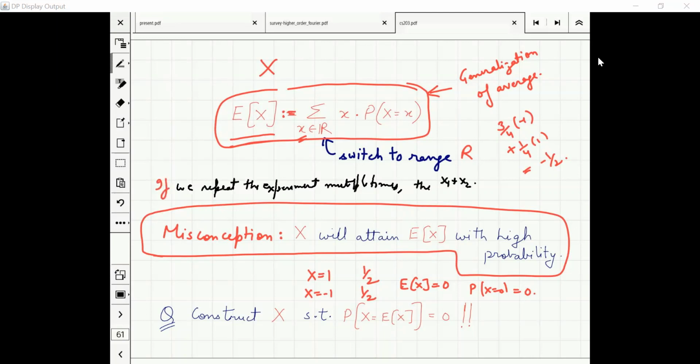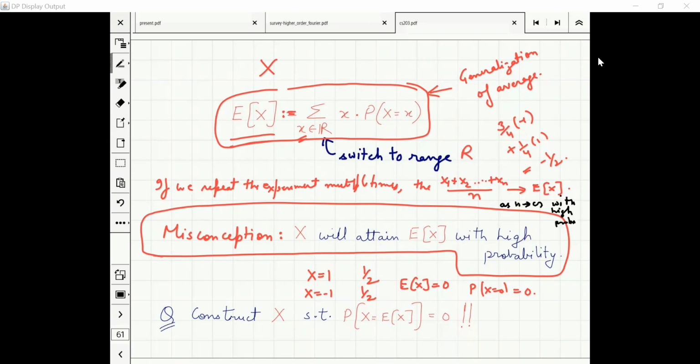Right. So let's say first experiment I get X1, second experiment I get X2. This value will be close to expectation of X as n tends to infinity with high probability. Okay. And this is a very, very important intuition.